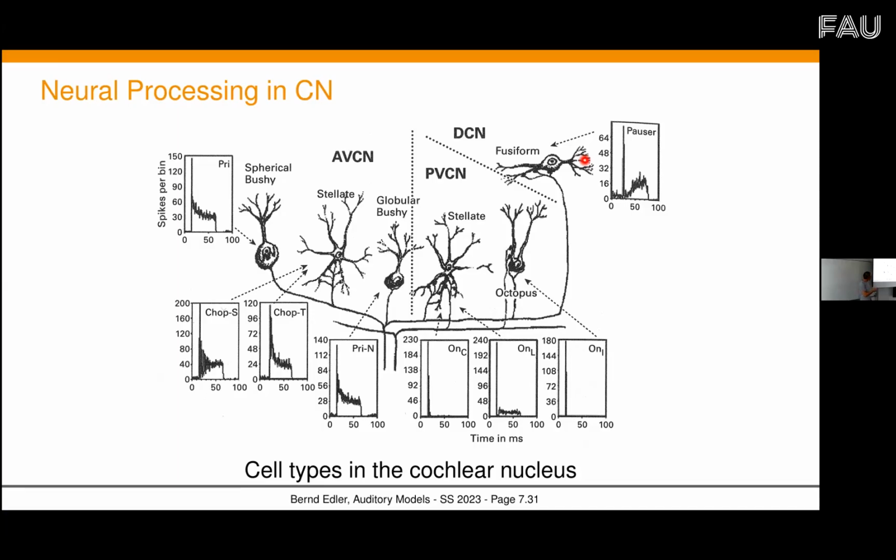Some of the input they get would inhibit the activity, and other input would excite it. The combination of excitation and inhibition makes the activity in the end, and that's why this can emphasize spectral contrast.